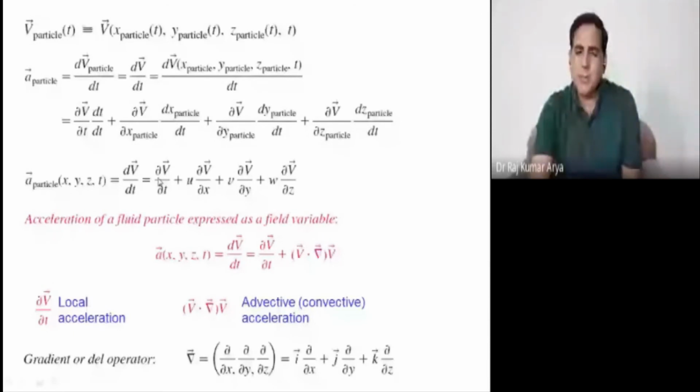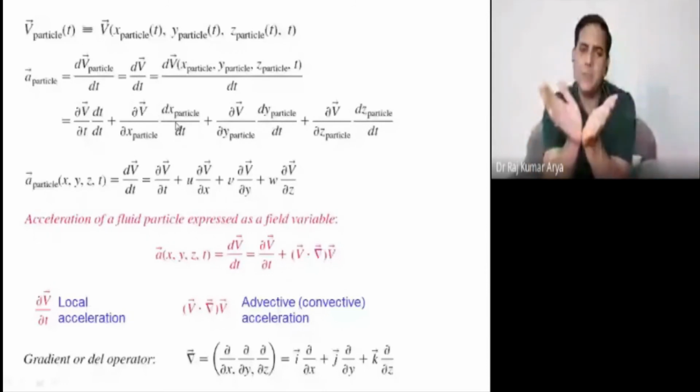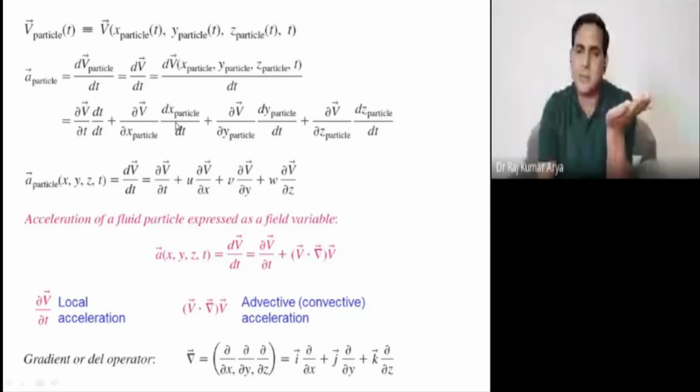Now let's take this particular part here. You get from here del v upon del x, that's present. Now dx upon dt, the movement of the particle in the x direction divided by dt, gives the x direction velocity, because you are finding the movement in the x direction divided by time. So that is your net velocity in direction x, which is the term u.